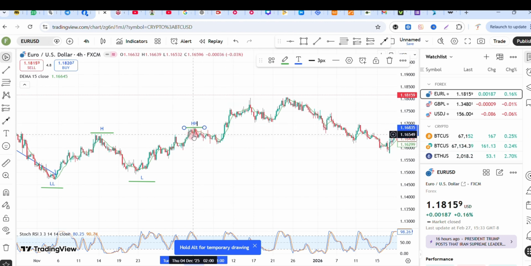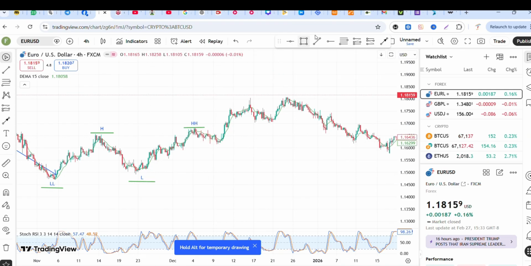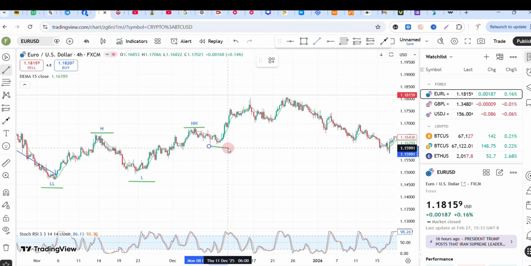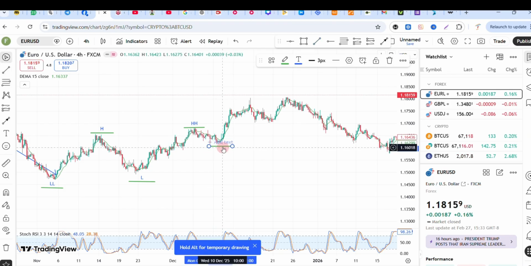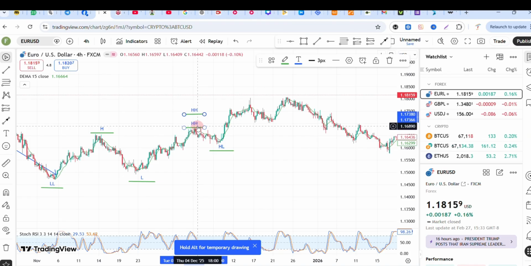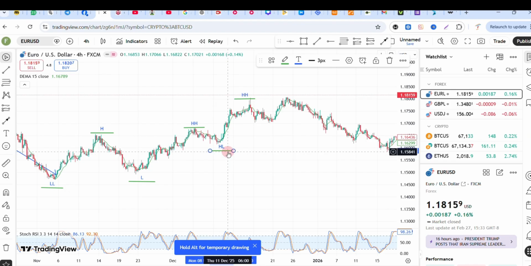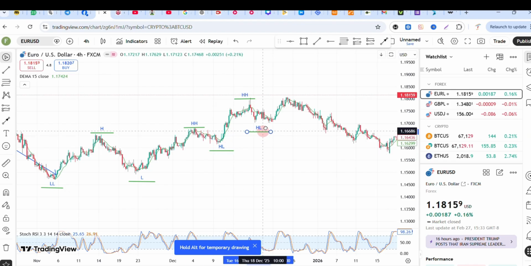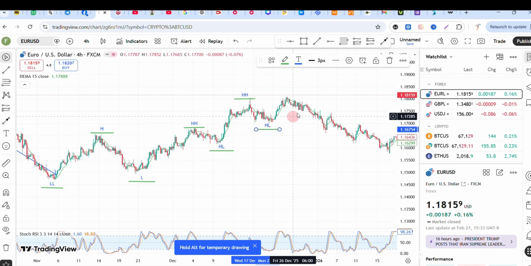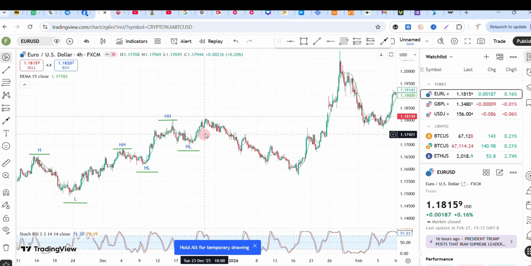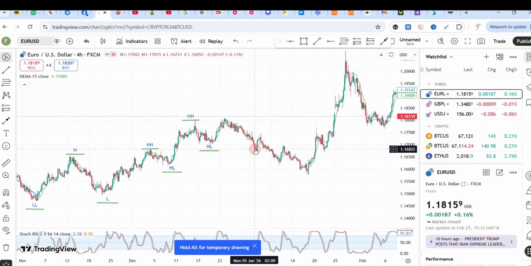Okay, now here will be our higher low, sorry, not a lower low this time, but a higher low because it's higher than this point. So we take another higher high right at this point here, and we take another higher low right at this point here. Okay, so that's what the market keeps doing.